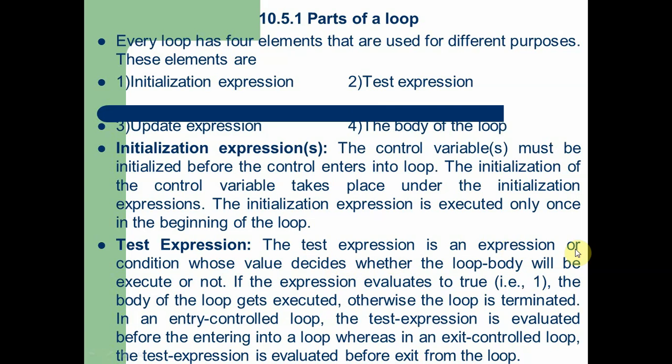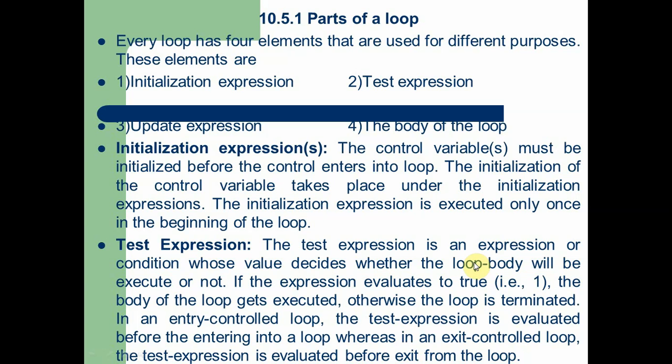The test expression is a condition whose value decides whether the loop body will execute or not. If the expression evaluates as true, then it will execute the loop body, otherwise the loop body is not going to execute. In an entry control loop the test expression is evaluated before entering the loop, whereas in an exit control loop, the test expression is evaluated before exit from the loop.